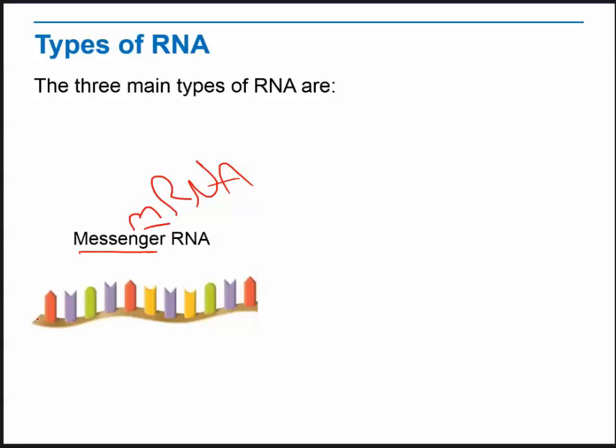Now, as you can see, this is a single strand, whereas DNA was a double strand. This molecule just has a single strand of nucleotides. So these colors here represent the nitrogenous bases of RNA. And if you recall, those bases are A, G, C, and in DNA we had T. We don't have T in RNA, we have U.